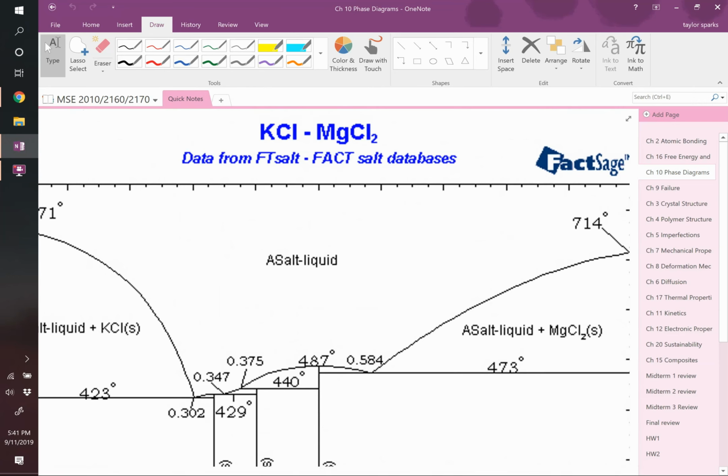This compound turns directly into a liquid. There's no two phases involved. But this one goes from a solid with some composition into a liquid with this composition and a solid with that composition. So this would be incongruent melting, and this would be congruent melting. In other words, all peritectic points are incongruent melting. That's more than I wanted to say.